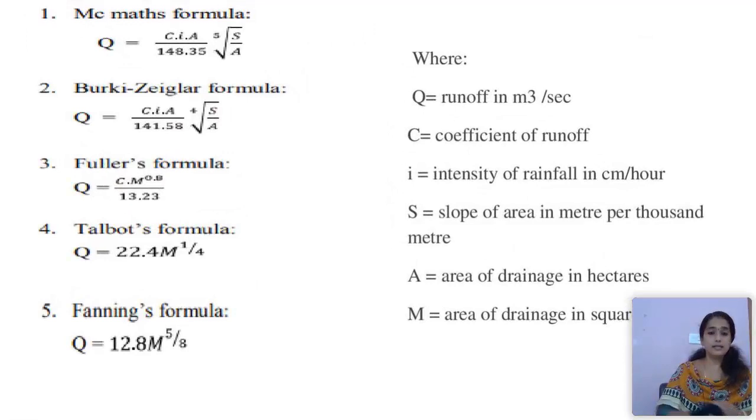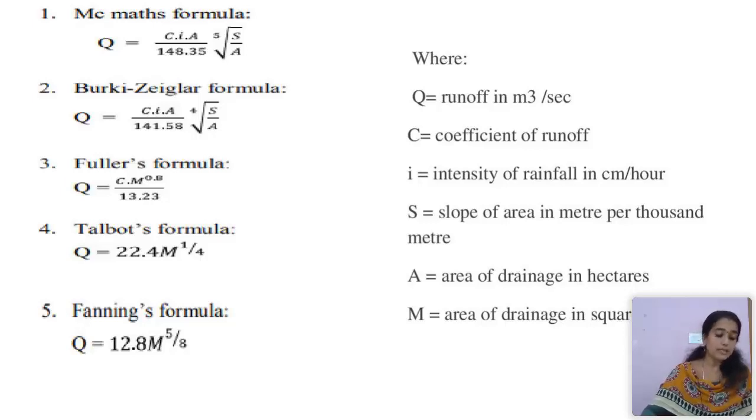The first formula is the McMath formula, that is Q is equal to CIA divided by 145.35 into the fifth root of S by A. The second formula is the Burkli-Ziegler formula, where Q is equal to CIA divided by 141.58 into the fourth root of S by A. The third formula is Fuller's formula, where Q is equal to Cm raised to 0.8 divided by 13.23.